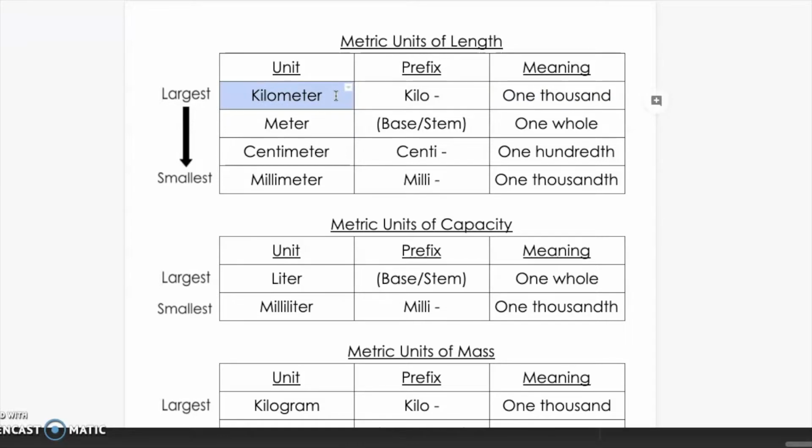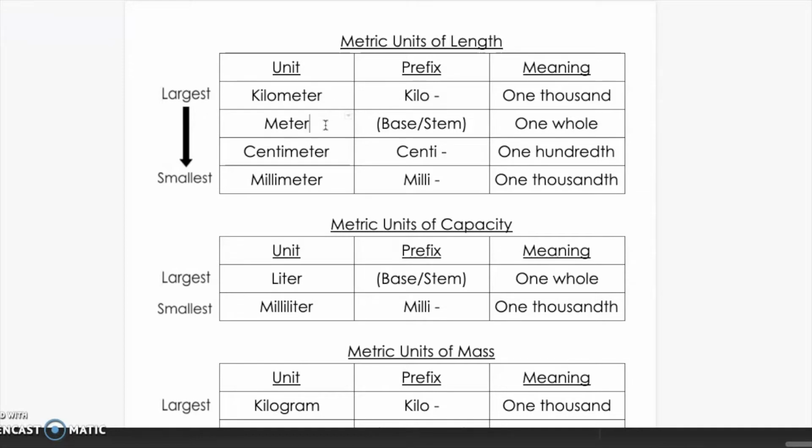Kilometer is a measurement of meters, but it's a certain number of meters. So kilo means 1,000. So if we think about it, kilo meaning 1,000, it means 1,000 meters. So it tells us exactly how many meters are in a kilometer in its name.